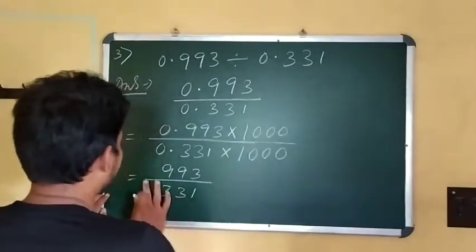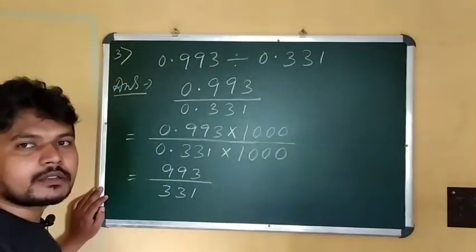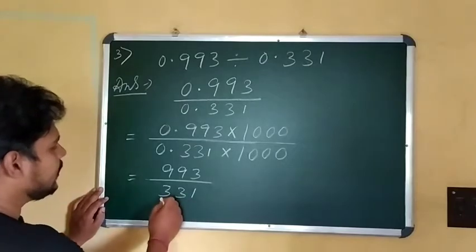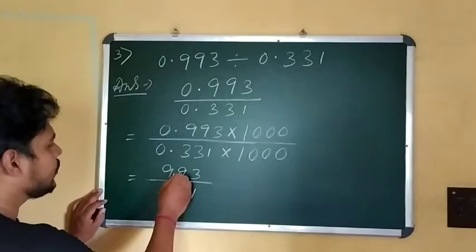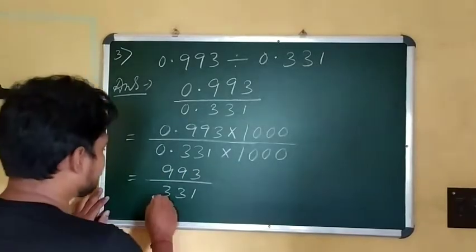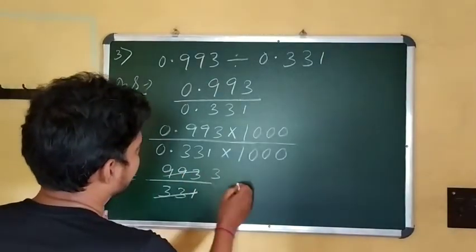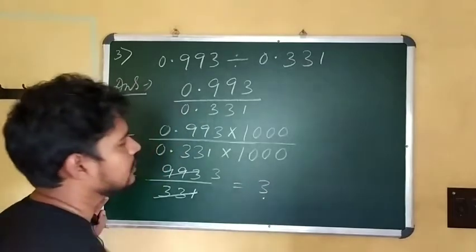Now you can divide this. When we divide, you can see that if we multiply 3 with 331, you get 993. So we can cancel directly and our answer will be 3.